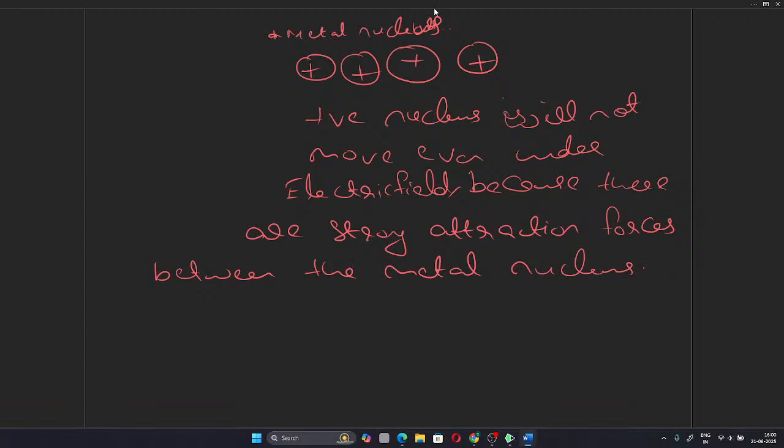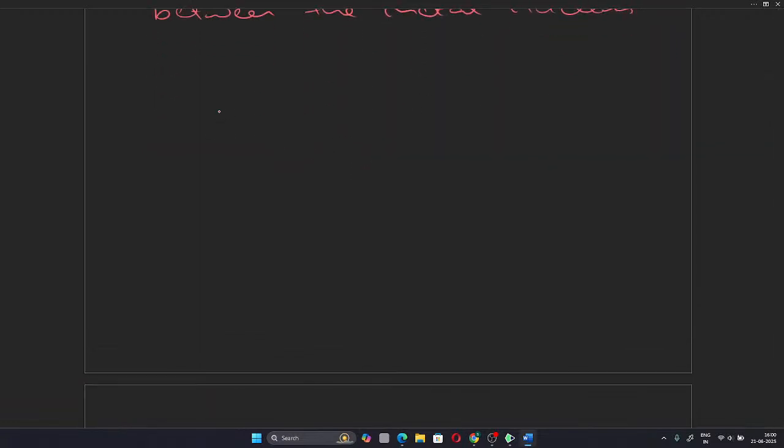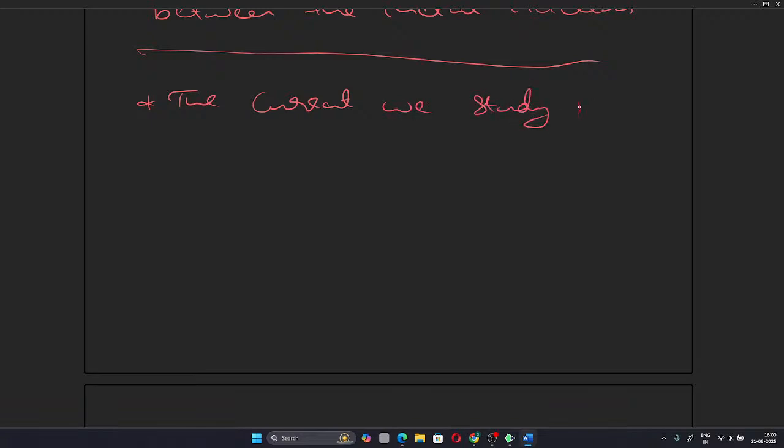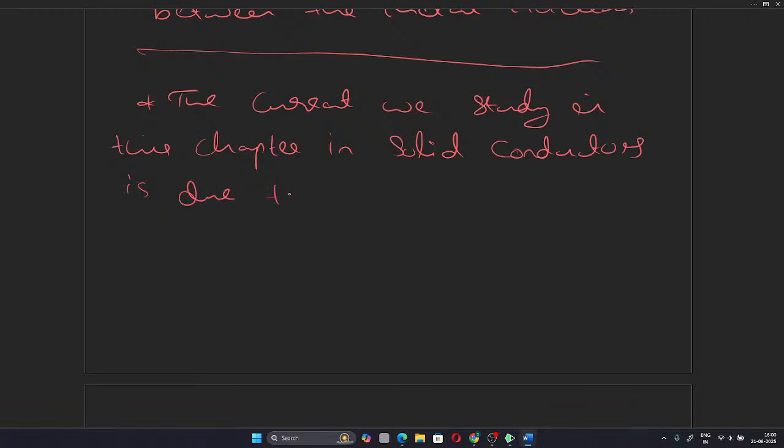Because of that, the current we study about in this chapter in solid conductors is due to moving of free electrons.